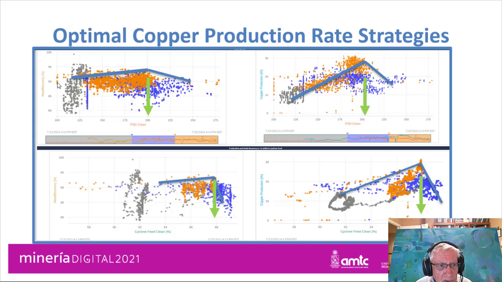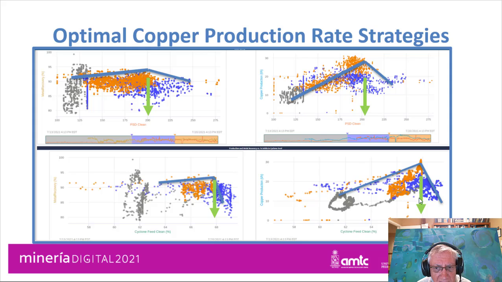Here we see an example in which we have the copper recovery and the copper production, and by analyzing the data at different throughputs you can see that there is an optimal P80, let's call it. But it's also important to look at the form of the size distribution, which we calculate at the same time, and we can see that the particle size is directly related.